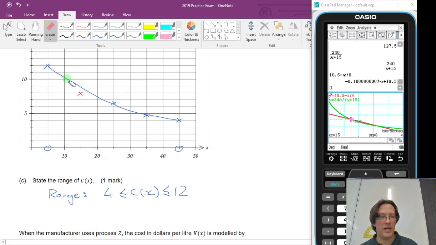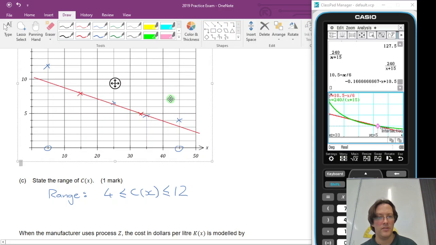So here now I may realize that my graph is actually terrible. So we got 15 and 8, and we got 33 and 5. So I can draw a straight line joining these 2 points for my second function.